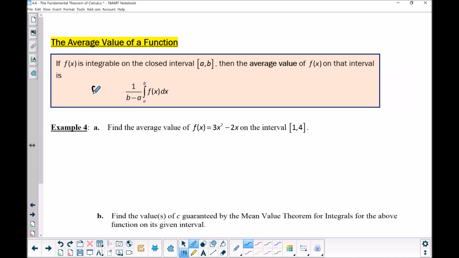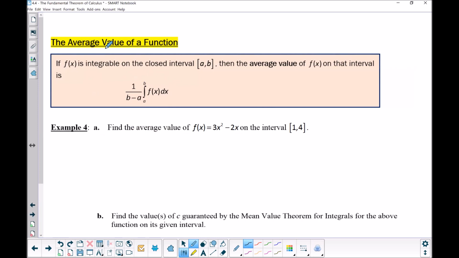So you could think of all of this as being set equal to f of C. This expression, this definite integral from A to B, the thing that we've been playing around with for the last couple of days, coupled with the 1 over B minus A in front, has this new special meaning called the average value of a function.